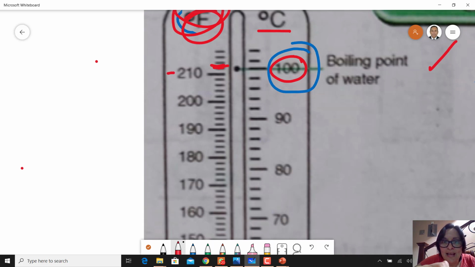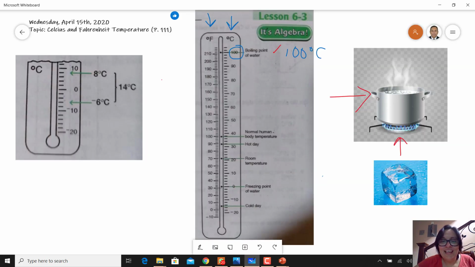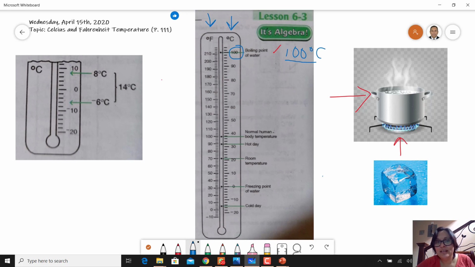Here is 210, and each line represents 2, so this one is 212, exactly, 212. So the boiling point of water in Celsius degrees is 100 Celsius degrees, but in Fahrenheit degrees is 212 Fahrenheit degrees. Okay, 212 in Fahrenheit, 100 degrees in Celsius.